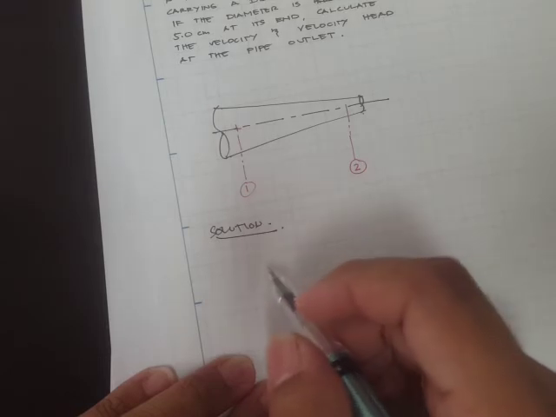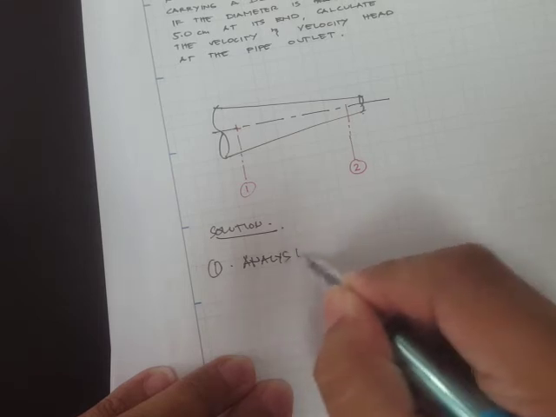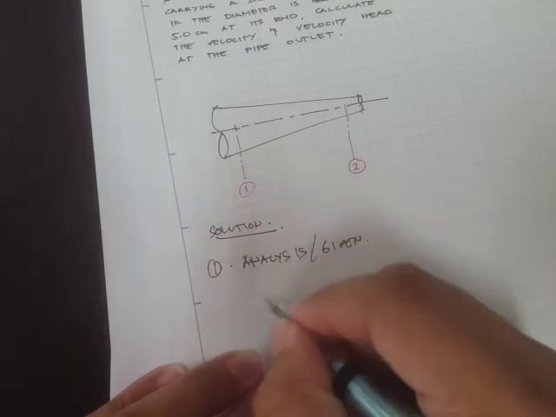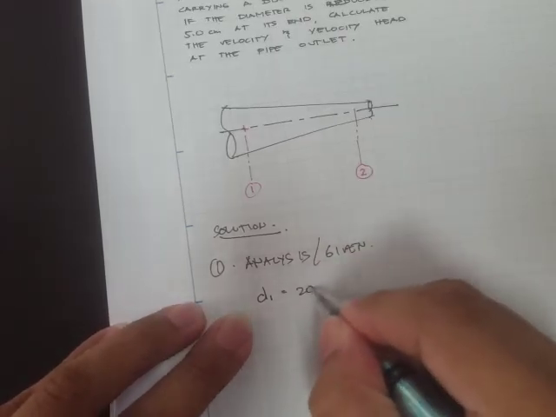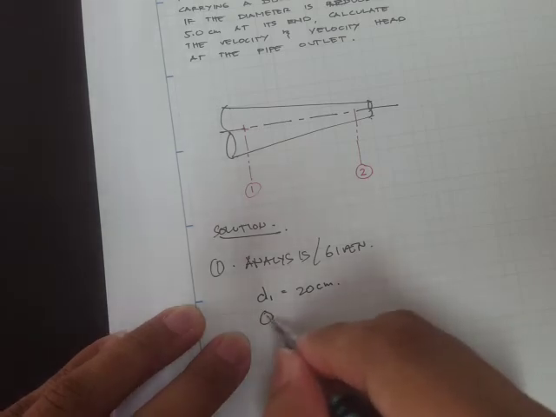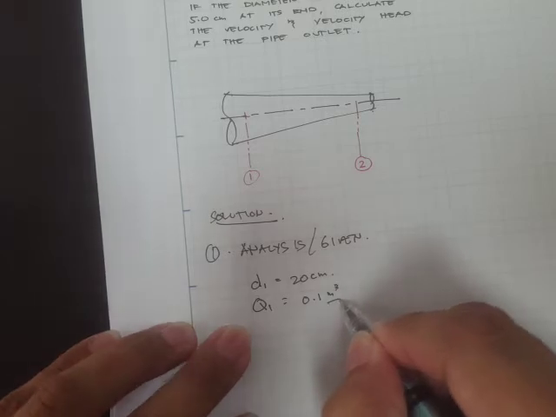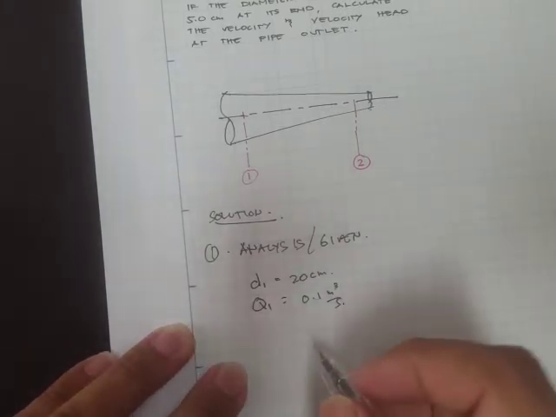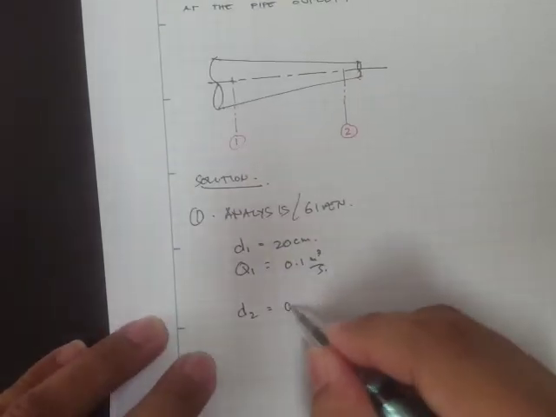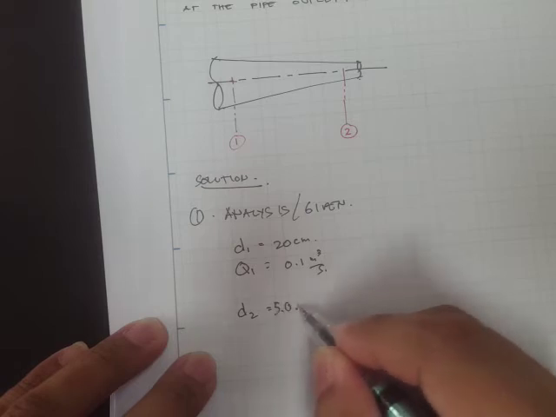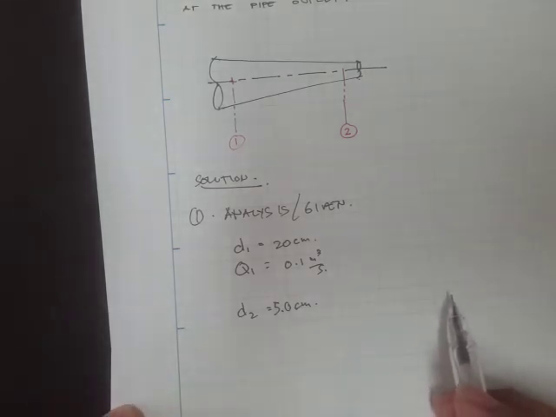So we have the given: diameter at 1 is 20 cm, and we have Q1, the discharge, at 0.1 meter cube per second. At point 2 we have the diameter of 5.0 cm, and we are asked to find the velocity.